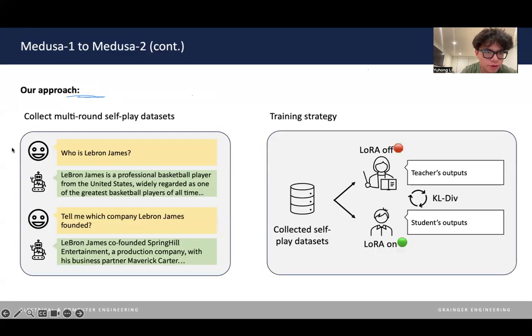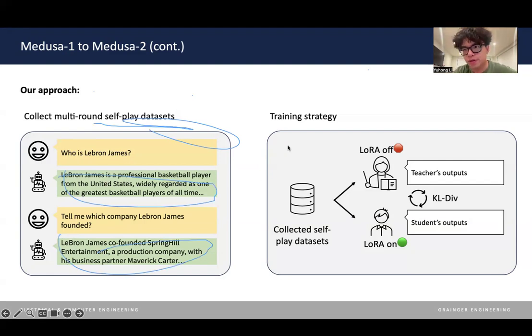Our approach is we can slightly change them. We can first use a certain data set to calibrate the model. So we use a data set to let the model generate some responses. And then we add LoRA to the model. When we turn the LoRA off, it's the model's original output. And when we turn the LoRA on, we do the KL divergence for the model with the LoRA on and the LoRA off.